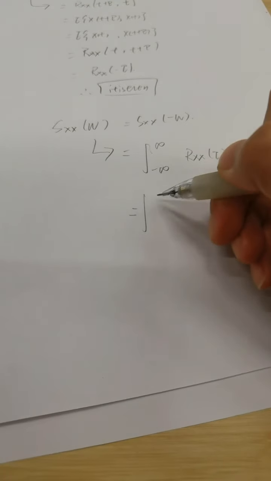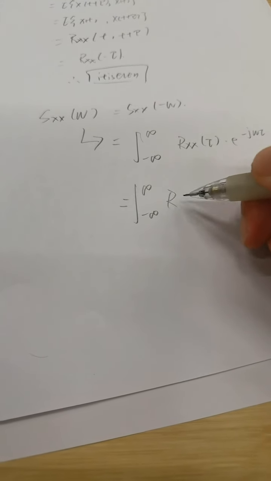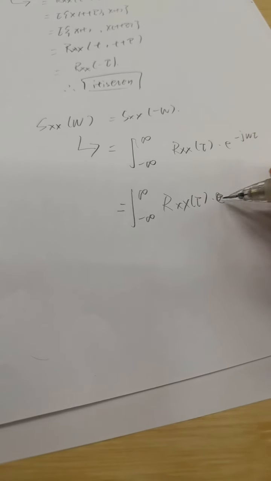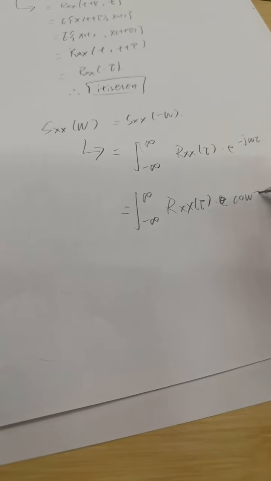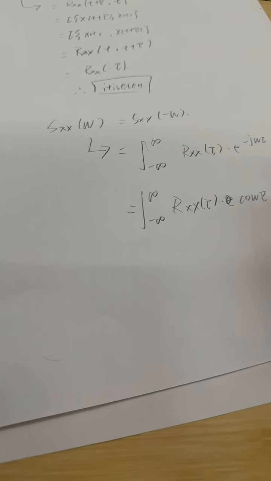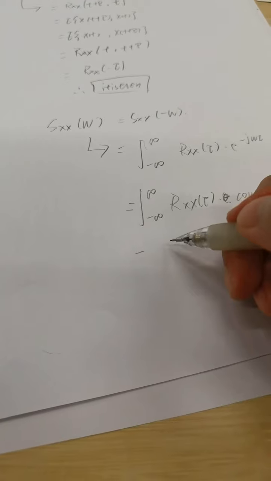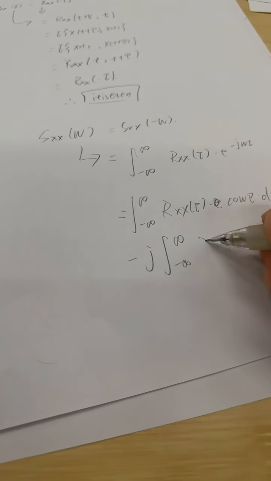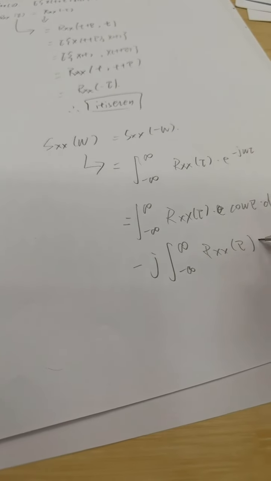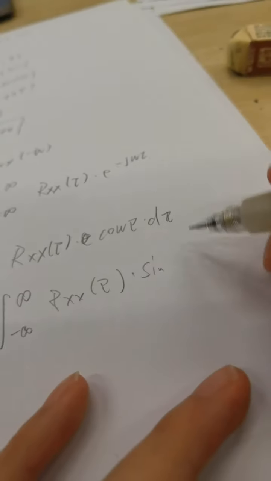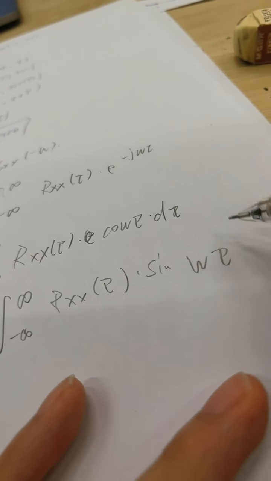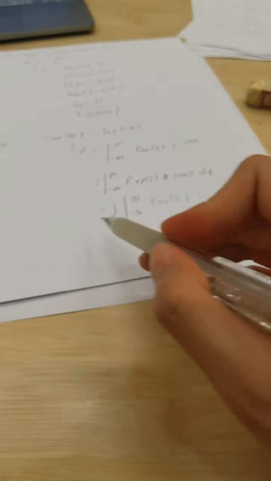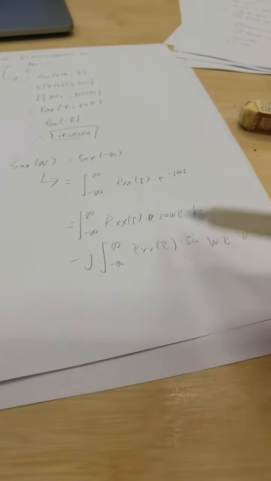Because it can be a complex function, we need to write it as two parts: the cosine part, and minus j times the integral of Rxx(τ) times sine ωτ.